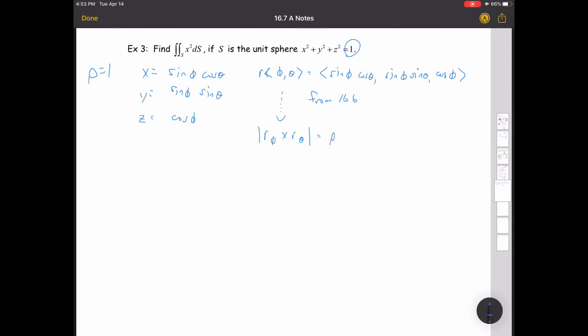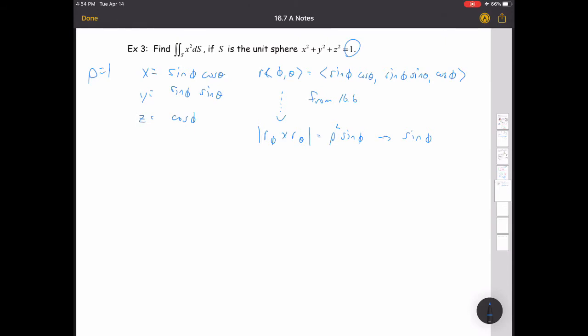So I'm sorry, not a, it's rho squared sine phi. But in this case, of course, rho was 1, so 1 squared is 1, so we just get sine phi. So I didn't have to write the whole thing down, but again, it's because we're parameterizing a sphere here. So we're always going to get that rho squared sine phi for the cross product.